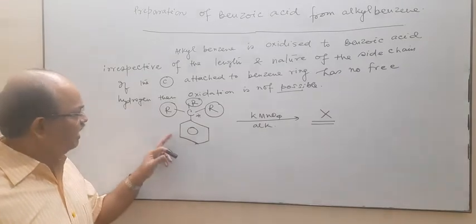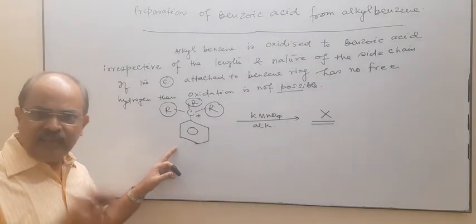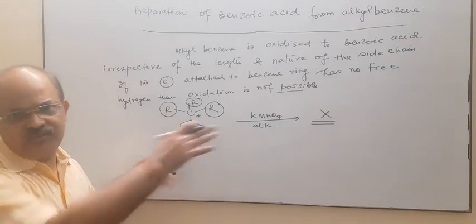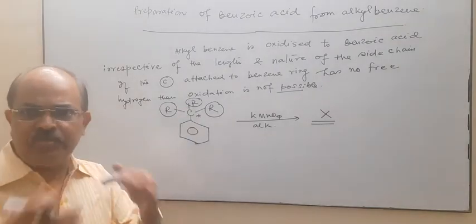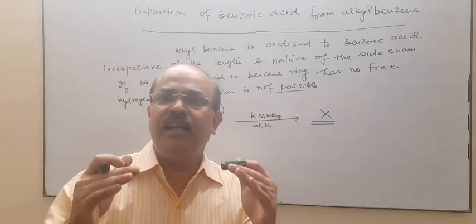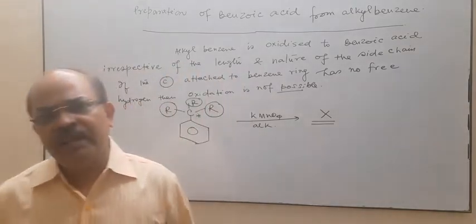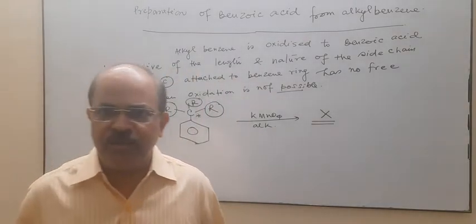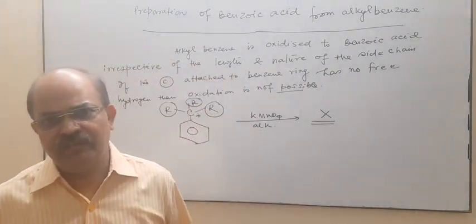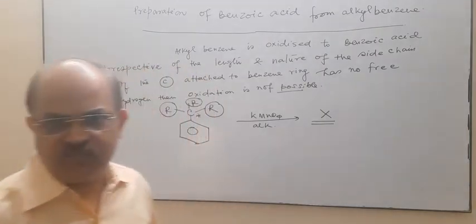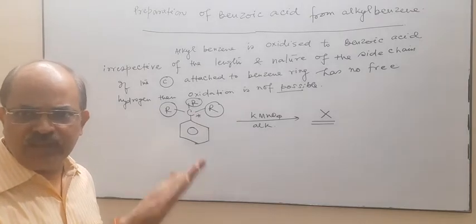It means if the alkyl group on the benzene ring is a tertiary alkyl, then it will restrict the oxidation. However, if the alkyl is either primary or secondary, if the alkyl contains one carbon, if it contains three carbons, if the chain contains any unsaturation, it will directly oxidize to the carboxylic group to give benzoic acid.